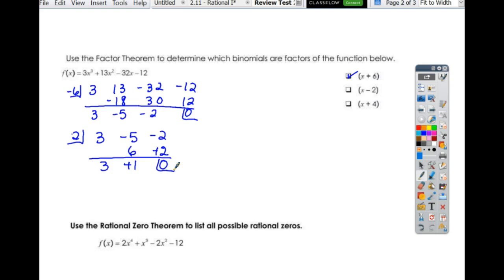So this is also a factor. So I'm going to test what's left, which is right here. So 3 and 1, and I'm testing negative 4. So this one is not a factor because I had a remainder.